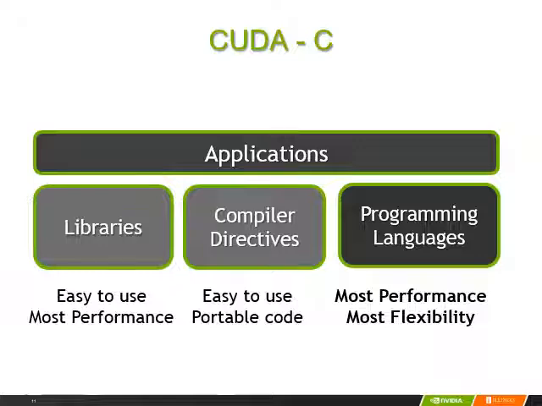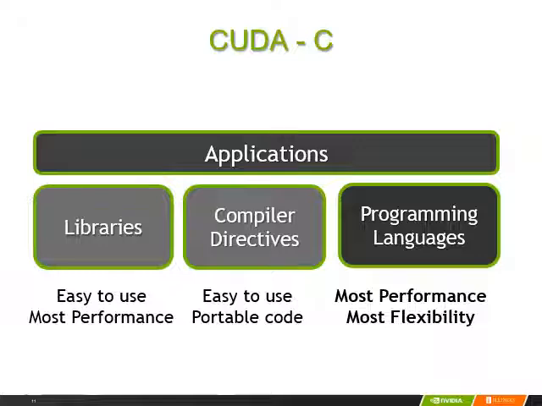So back to the global picture, CUDA C is a programming language for using GPUs, and it tends to have the best performance and the most flexibility. We're going to learn quite a few skills. Some of them are general parallel programming skills, and some of them are more specific to GPU hardware utilization.